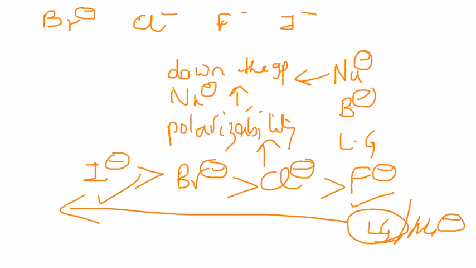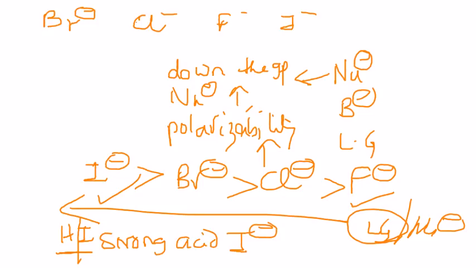Basicity, however, is going to be opposite, because since HI, the bond is weak, the bond breaks pretty quickly. That means that HI is a strong acid, and if it is strong acid, that means that the I minus is going to be the weak base. So for the basicity, fluoride is most basic and iodide is going to be least basic.